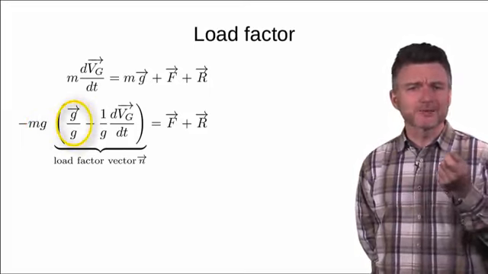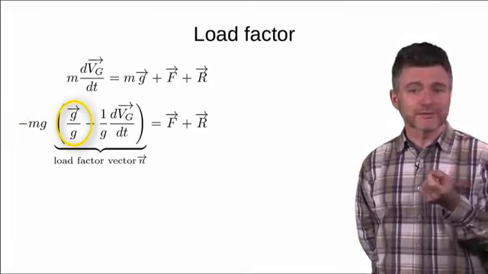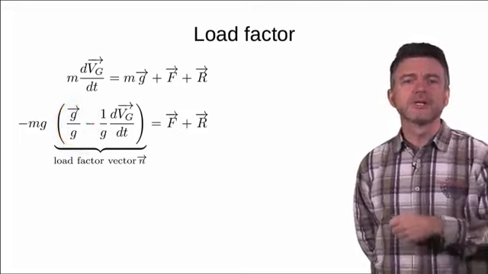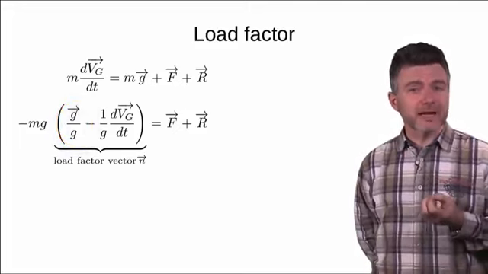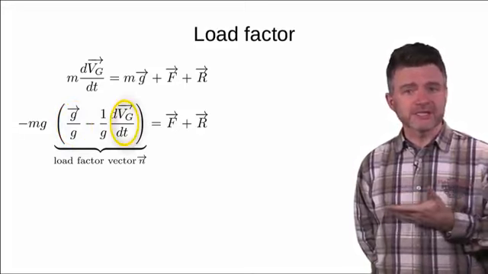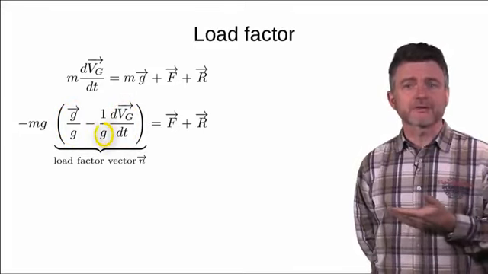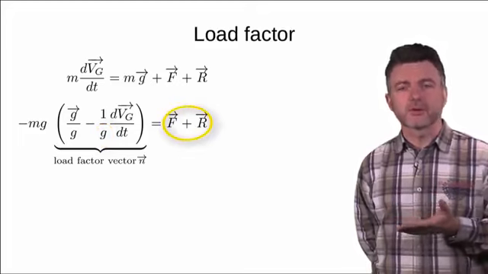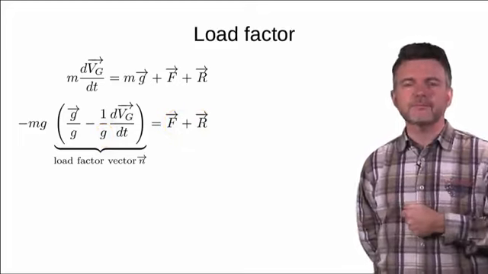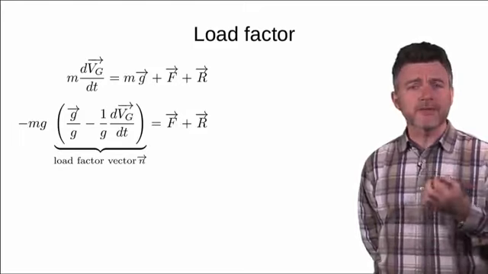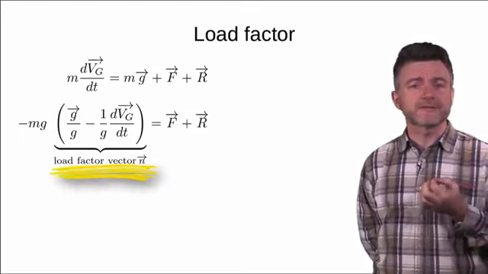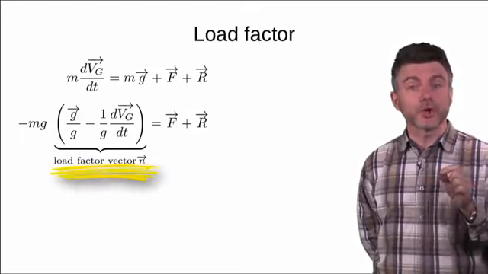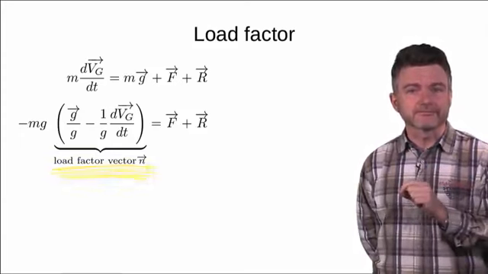It is a complicated way to describe a unit vertical vector directed downward, minus my actual acceleration dVg over dt, divided by gravitational acceleration g, equals the sum of external forces other than weight. The term in the parenthesis is a dimensionless vector that we call the load factor vector n.